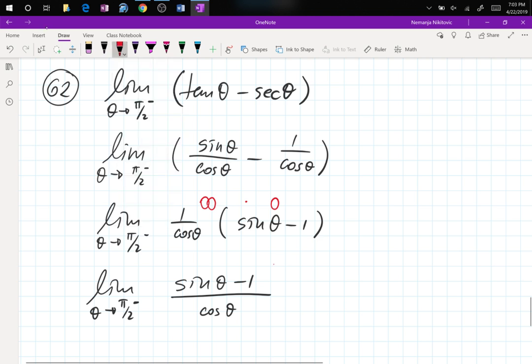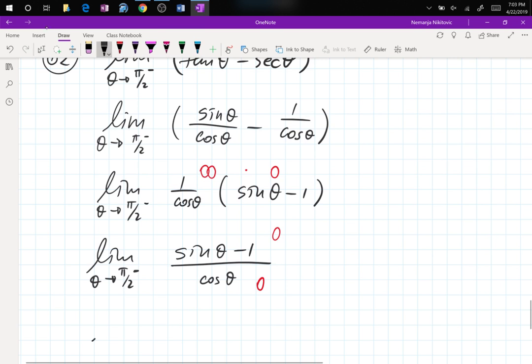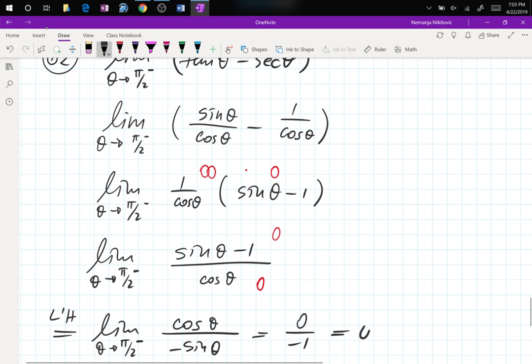So this is 0 over 0. And this is where L'Hopital kicks in. Derivative of sine is cosine theta, divided by negative sine theta, which is 0 over negative 1, equal to 0.